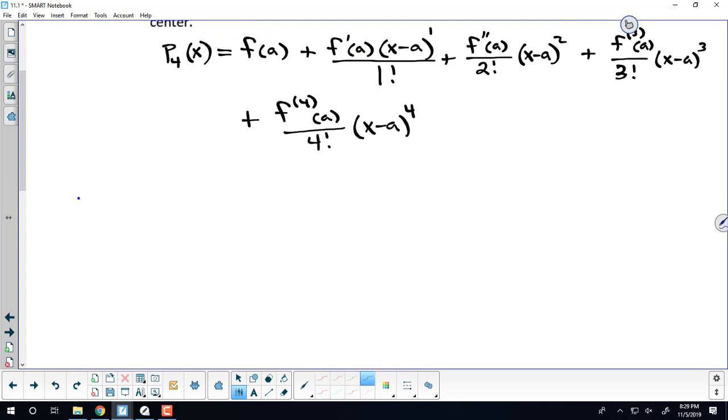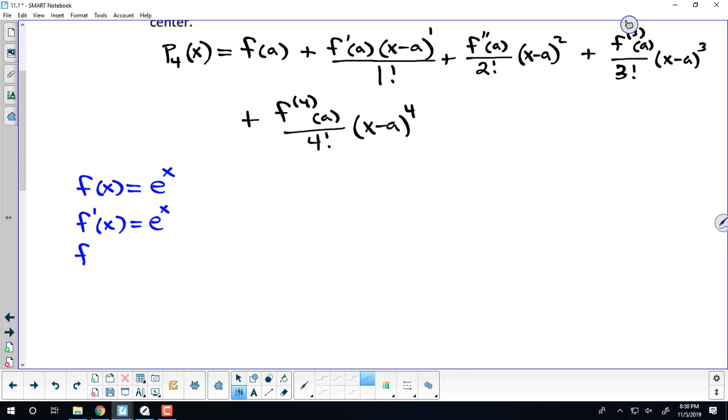So really, I would start out by just finding all of the derivatives necessary. So we've got f of x being e to the x, and then all of its derivatives are e to the x.